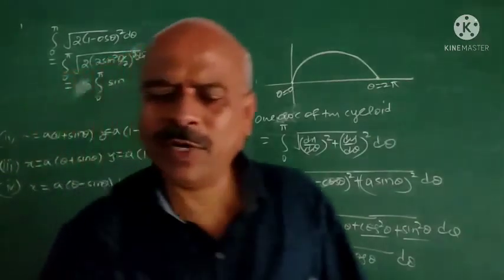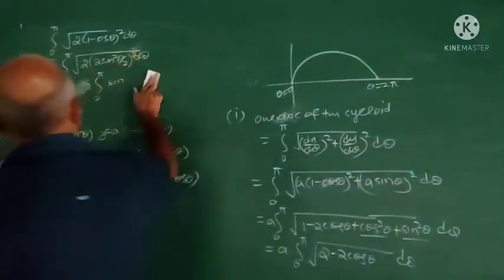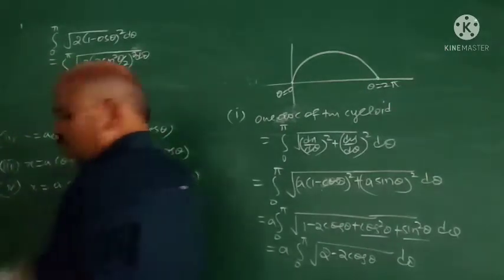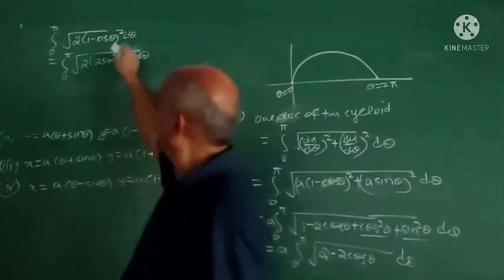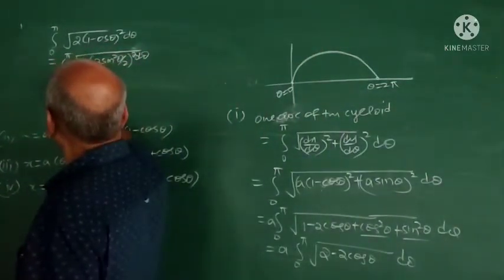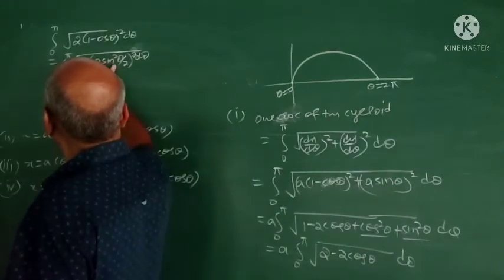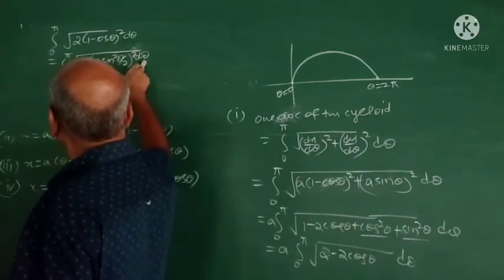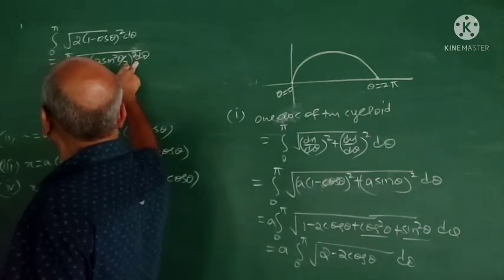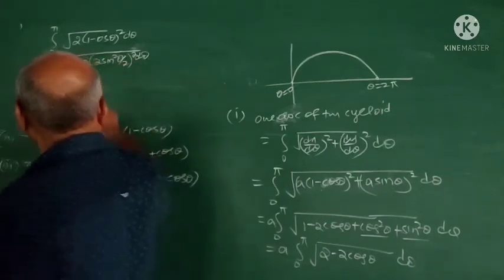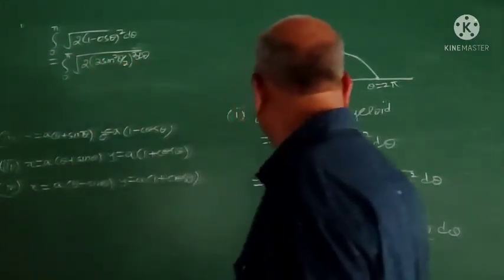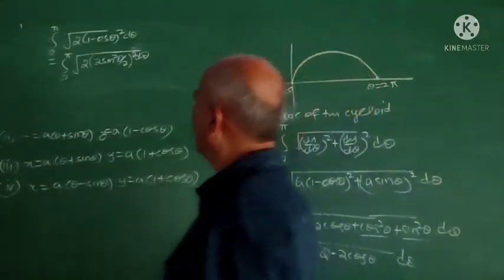How do you simplify? 2 into (1 minus cos theta), that is correct. First 2 into 2 sin square theta by 2, it's a square, 2 square is 4. Correct? A common, A should be there.